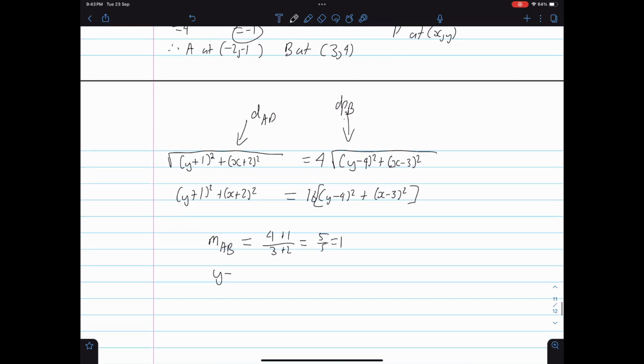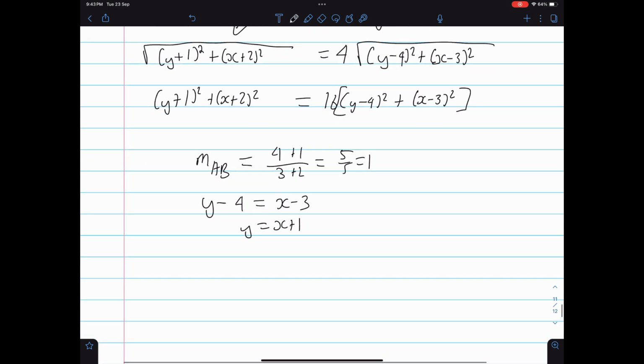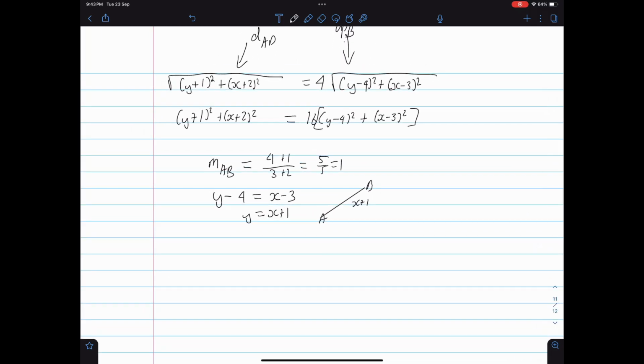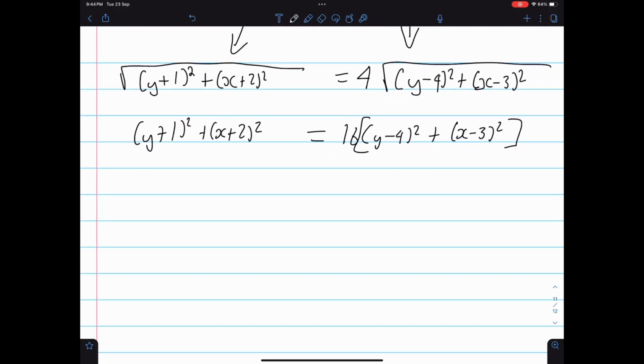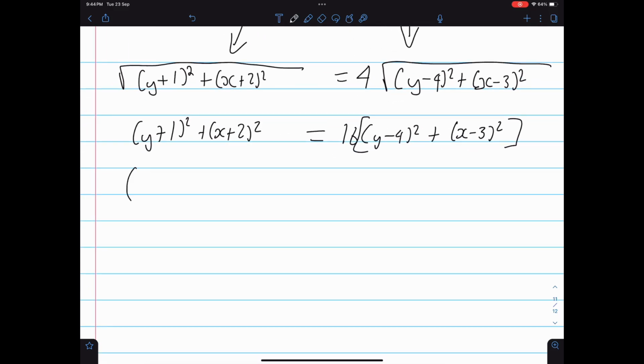Then y minus, and I'll take the points of B, y minus 4 equals x minus 3, y equals x plus 1. And now I know that AB, that equation will be x plus 1. Oh wait, what am I doing? I already... And what I can do is a substitution because we know that y equals x plus 1.